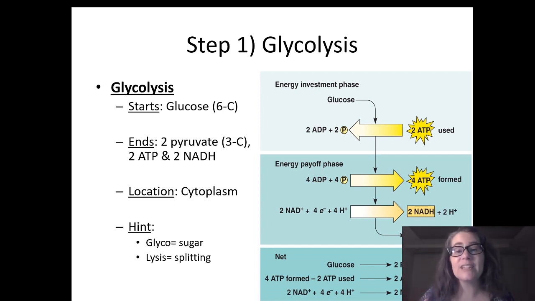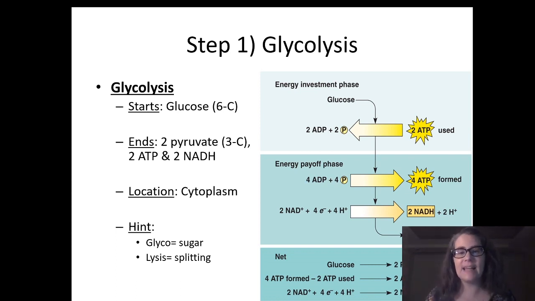So we actually have to invest 2 ATP at the beginning to rearrange glucose in order to split it evenly. When we split glucose, we get 4 ATP, but we often write this as a net gain of 2 ATP, because we apply 2 to start the reaction and gain 4, so we make a net of 2 ATP by the end of this reaction.